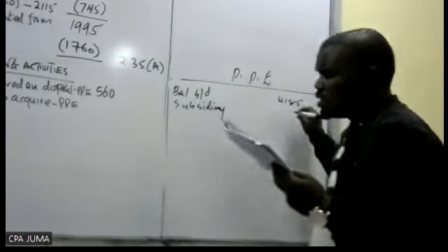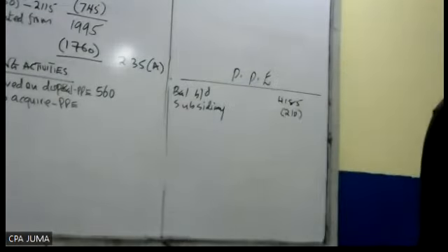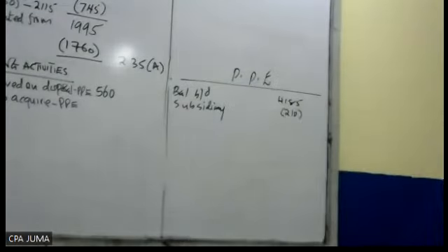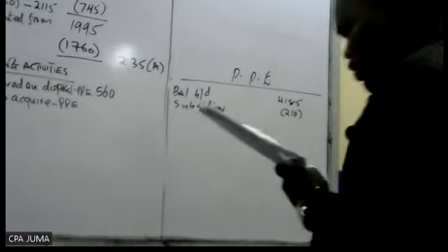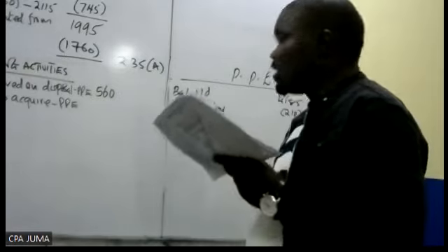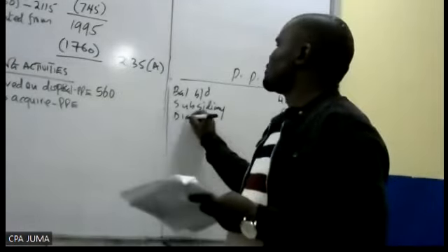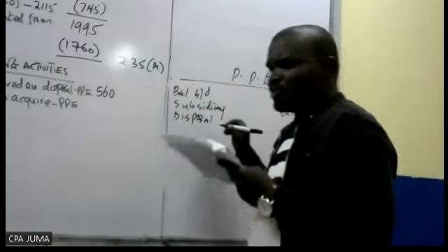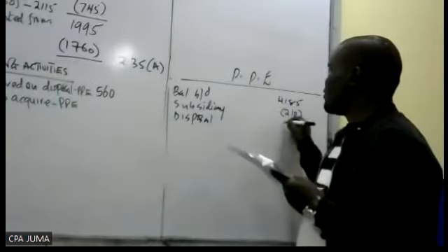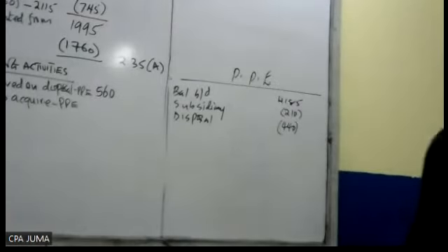Yes, 210. That one you subtract. Good. Note 2, nothing. Note 3, impairment, out. Note 4, they disposed of a plant with a carrying amount of 440. Less.